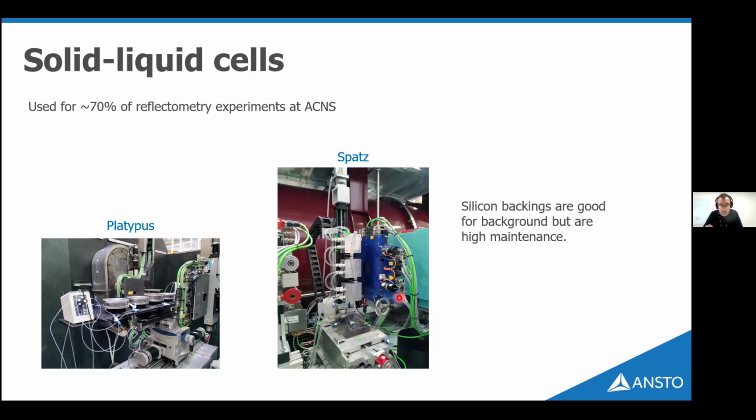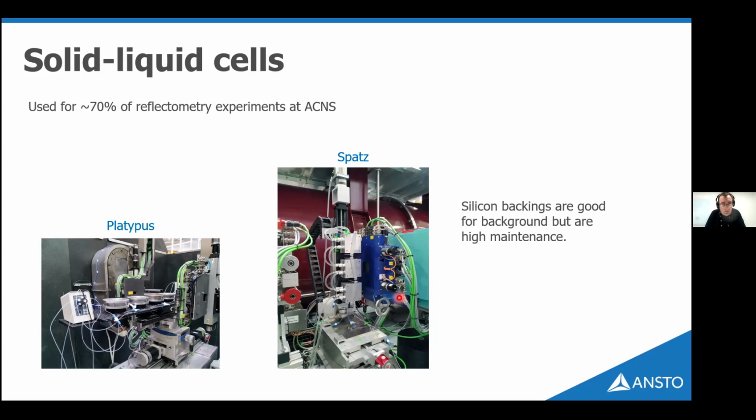But the massive downside for using silicon backing is that they are very high maintenance. Silicon breaks easily, which means they have quite a high replacement rate, and we have to get someone to drill the holes for the inlet and outlet tubing for exchanging solutions. So they can be a bit of a bind.